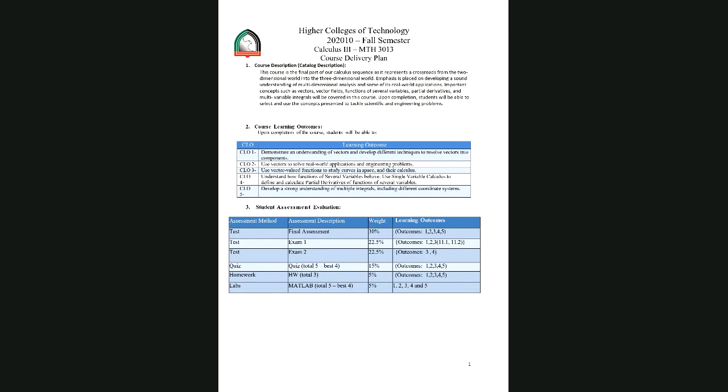The quizzes carry 15%. The homeworks carry 5%, and MATLAB assignments carry 5%. Do you guys have any questions about the course itself?